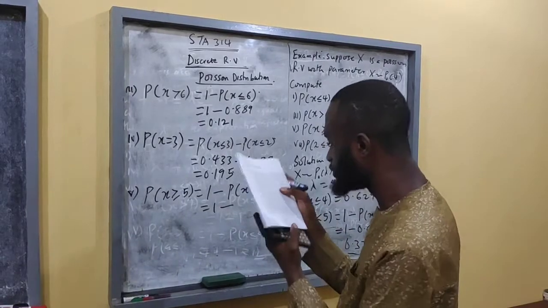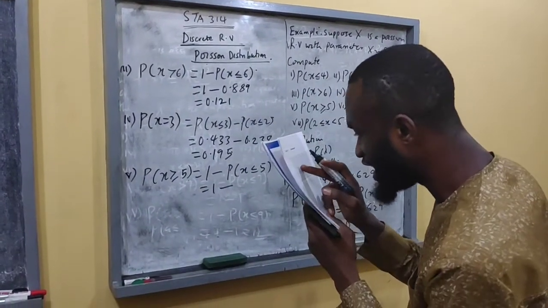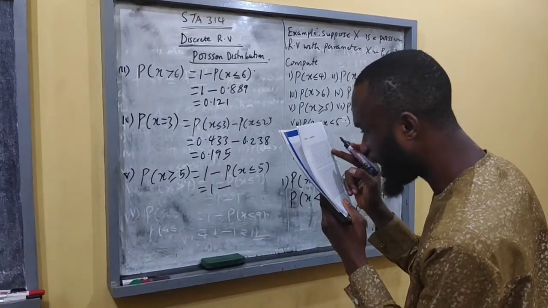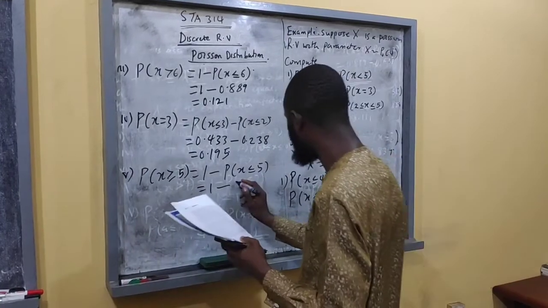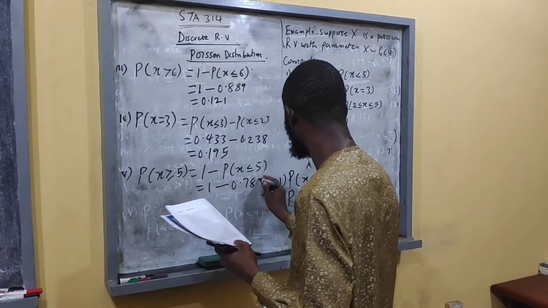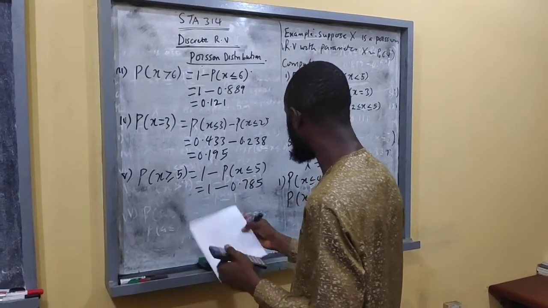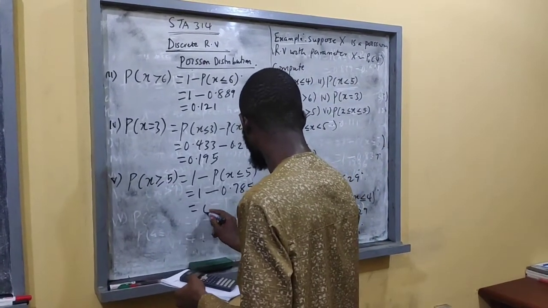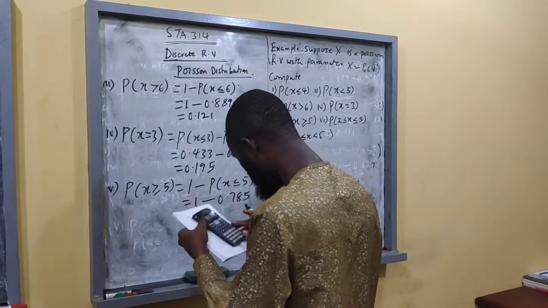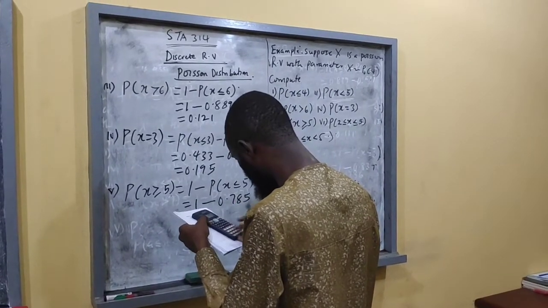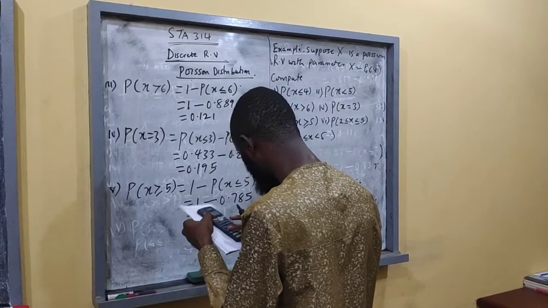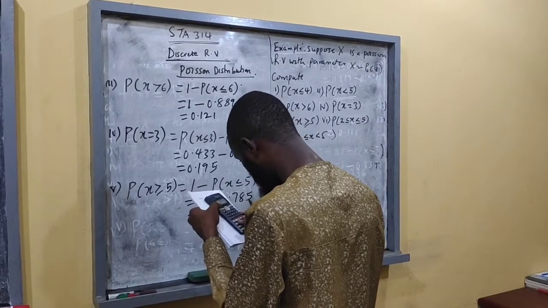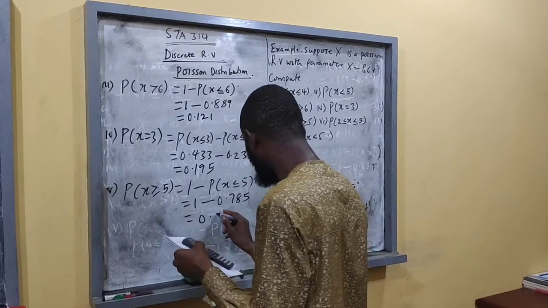You come to the same table, just trace it to where X is equals to 5, and what did I have there? 0.785. Then if you subtract with your calculator, let me subtract it so that I will not make a mistake. It is 0.215.